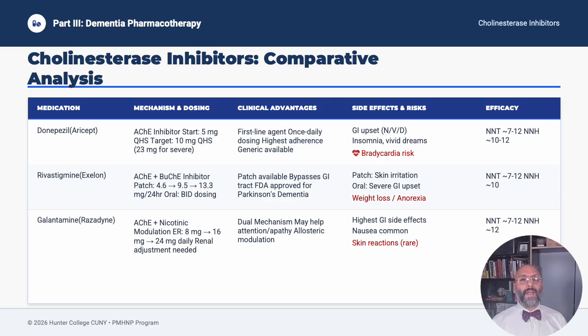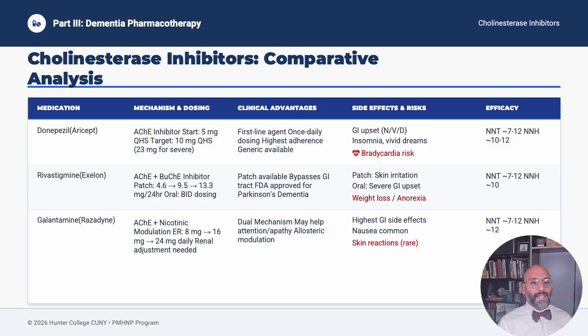Now this table compares 3 FDA-approved cholinesterase inhibitors and the key things regarding their efficacy. You'll note that it's fairly similar, and tolerability is the thing that drives which one to pick. So donepezil is the most commonly used first-line agent. It's a pure acetylcholinesterase inhibitor.